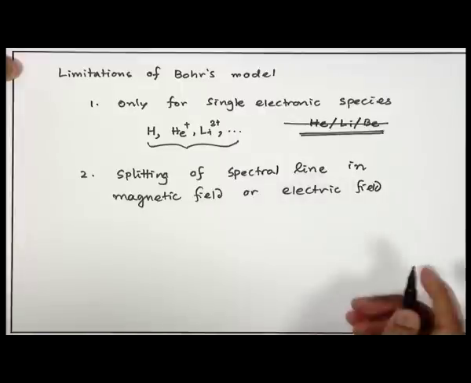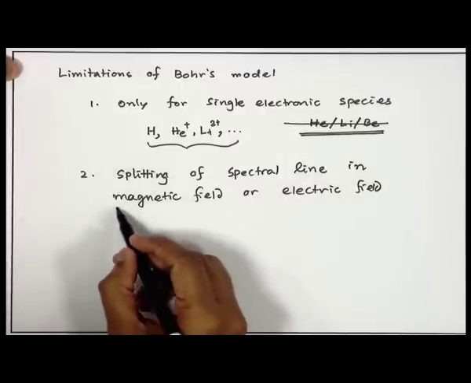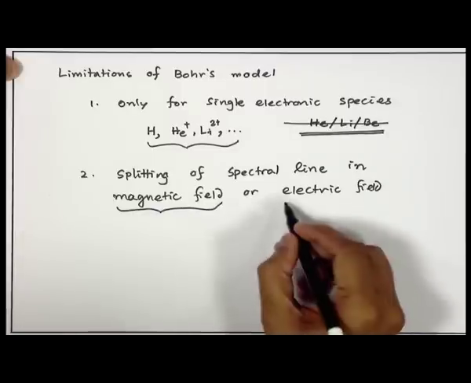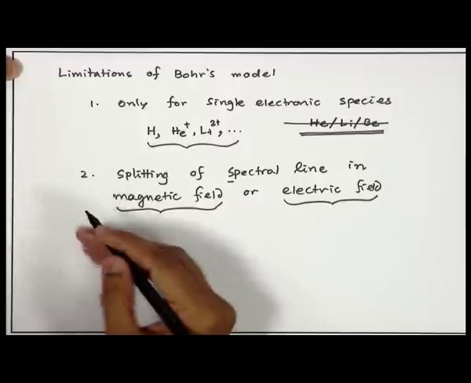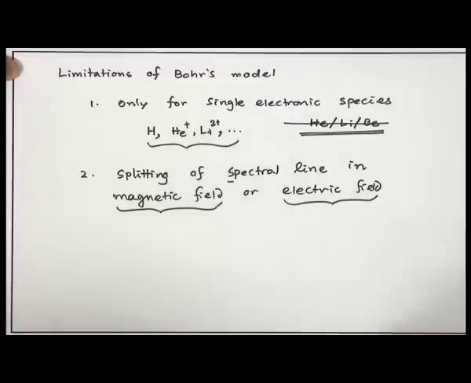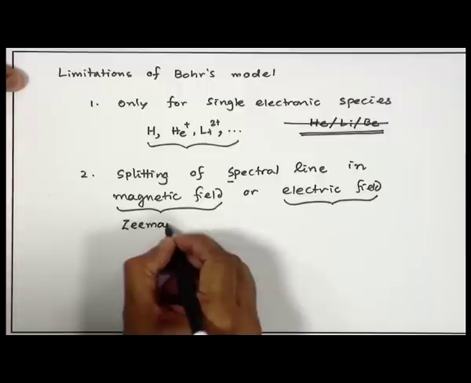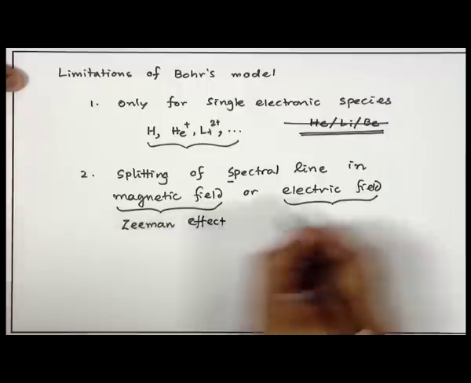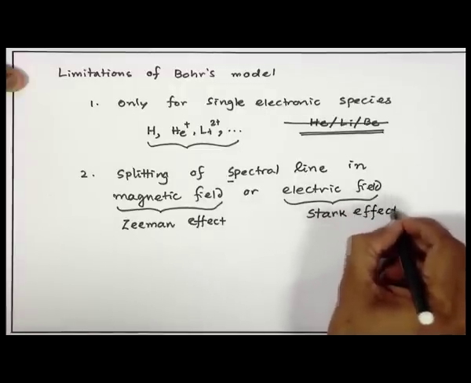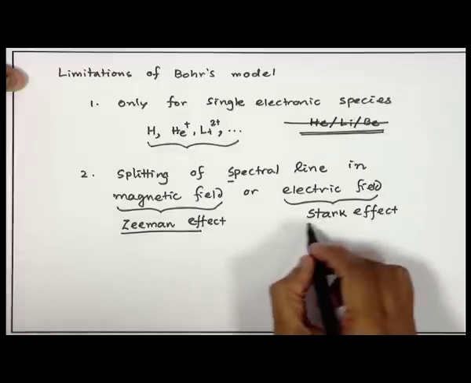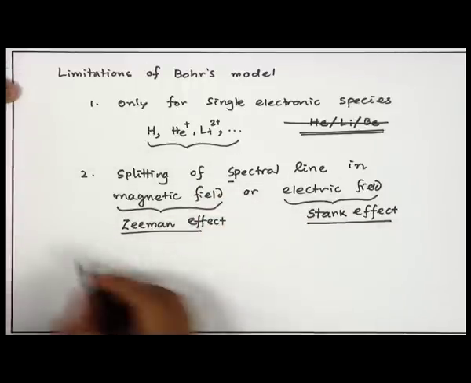But if you re-record this emission spectrum by subjecting the matter to a magnetic field or electric field, we saw that the spectral lines actually split. You got many additional lines in addition to the lines that we had already seen, and these were explained by the Zeeman effect. Under the influence of an electric field, they are called the Stark effect. So, Bohr's atomic model could not explain the Zeeman effect or Stark effect. This is again another major limitation of Bohr's atomic model.